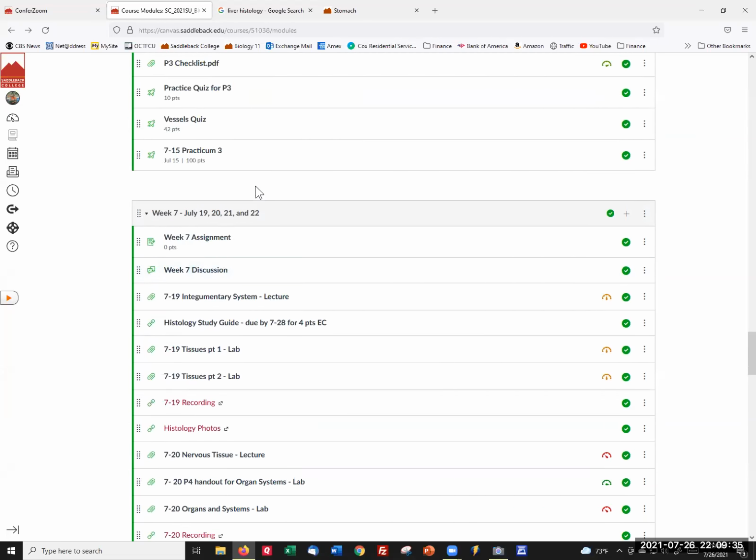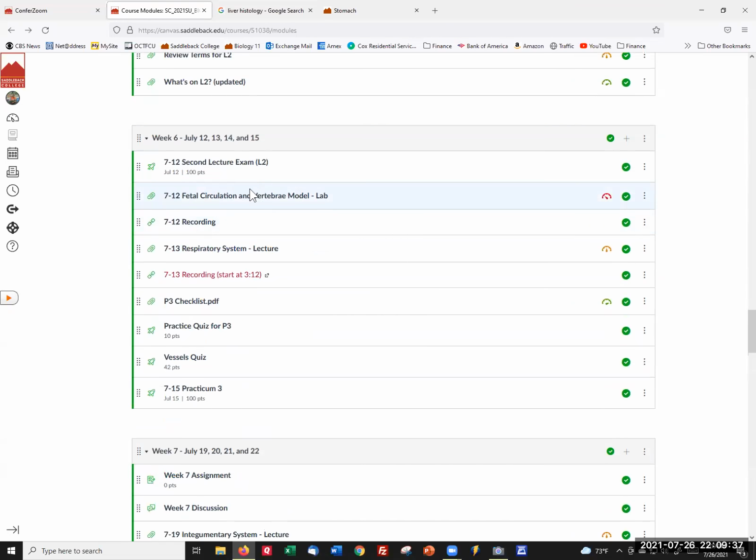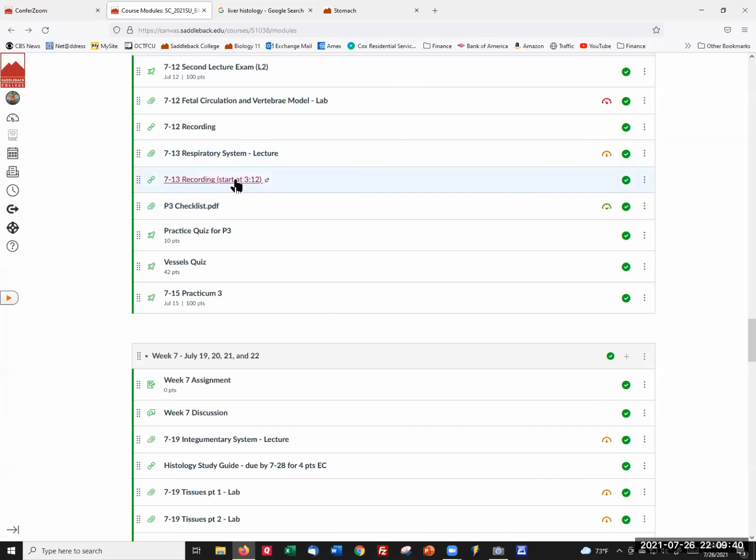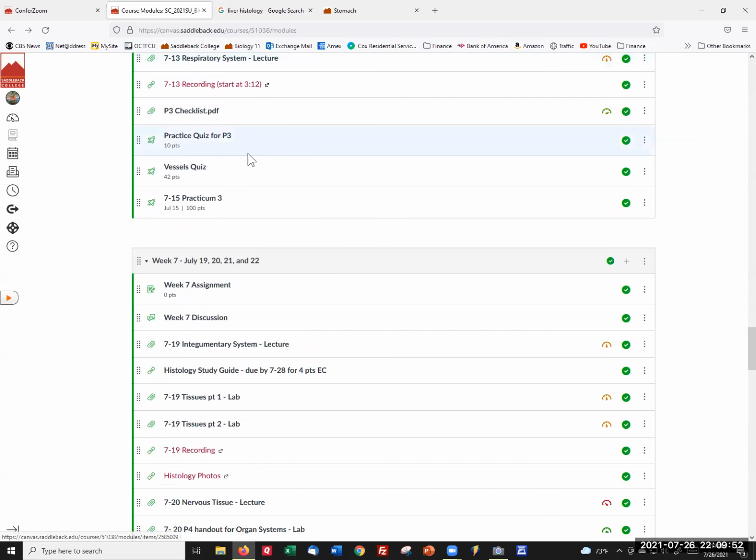Okay, the nervous system is up here. Respiratory, that'll be on there. That's the first part of the test that I looked at the other night, and of course I changed some things, but the respiratory system is the very first part.